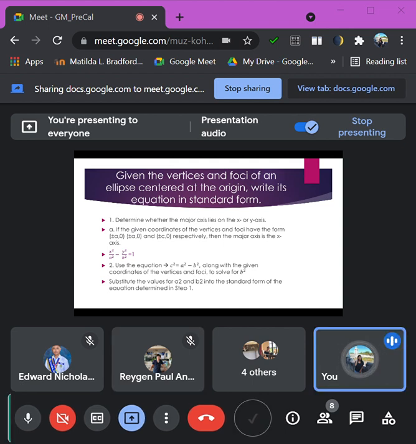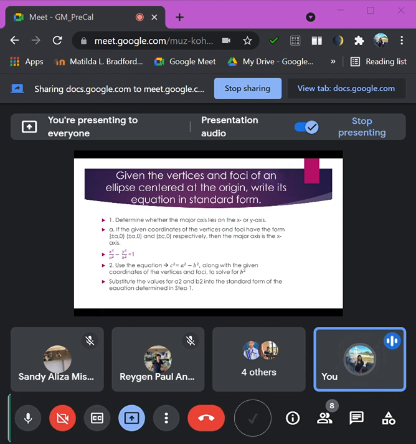So, how about kung ang atuang a is denominator siya sa atuang x, asa naglay ang atuang major axis? Nasa x or nasa y? Horizontal, horizontal. Very good. So, that's great. Push lang ta, kung ano dyan ni masabtan.